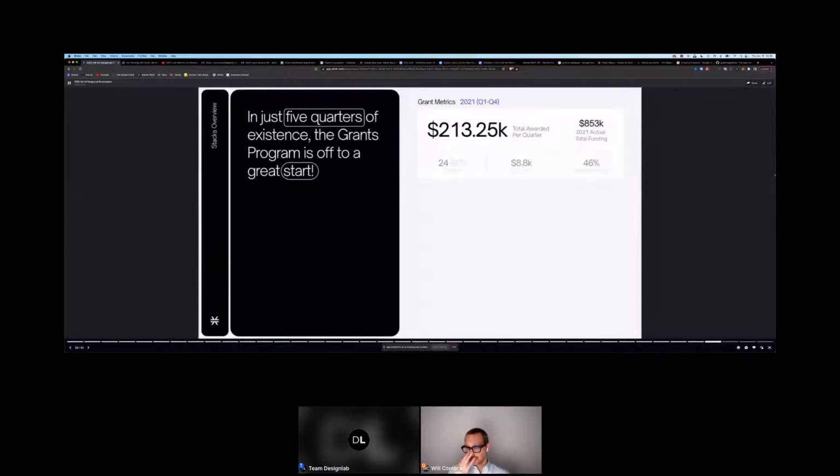So some of the grant metrics: the first year of the grant program was last year, and we were awarding about $213,000 per quarter, so every 3 months, and it was about $8,500 per grant.